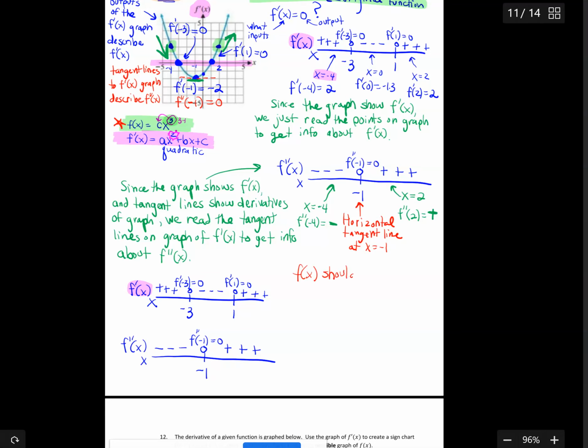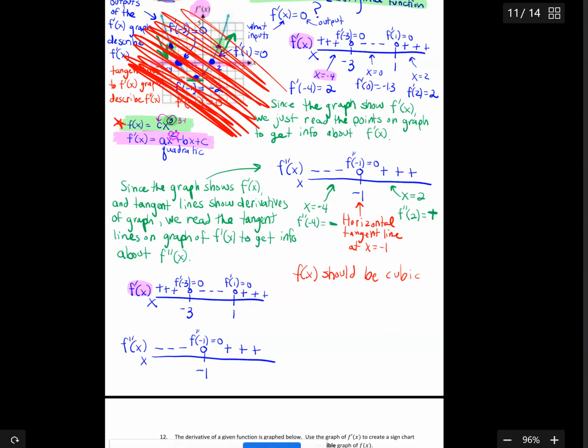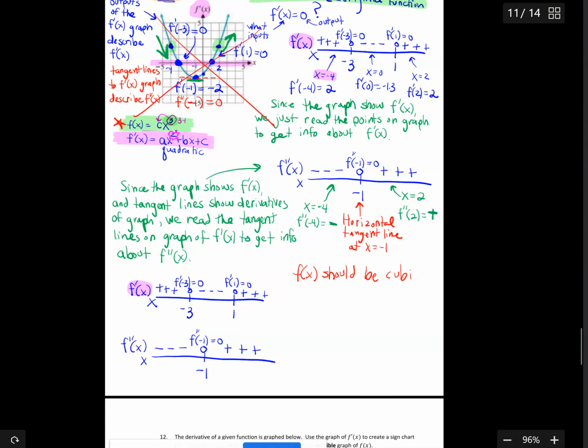So what information do we get off of our sign charts here? The first derivative is going to tell us local extrema of the original graph. And the second derivative sign chart is going to tell us concavity of the original graph.